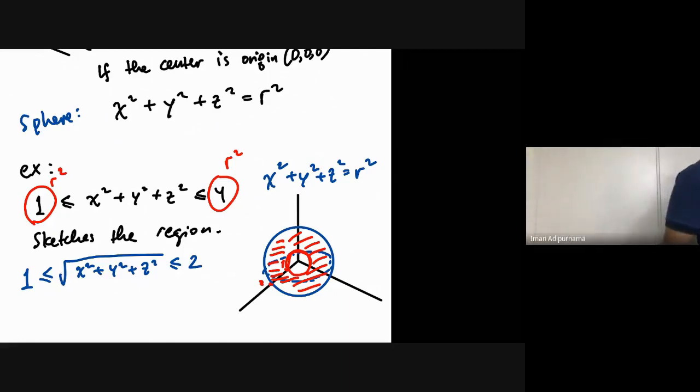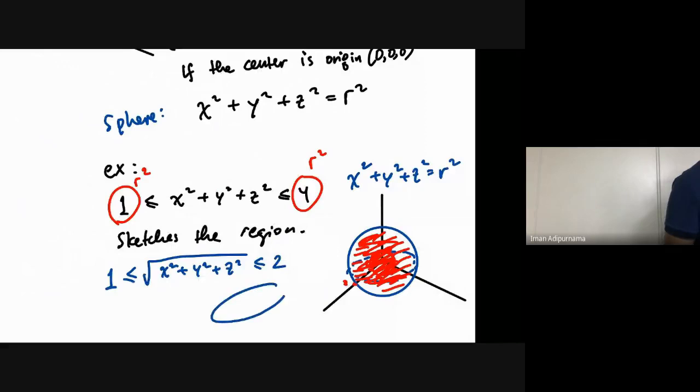It's not really good because, if you see from outside, it's like a solid, but it has a hollow. Okay, let's just cut this open, and you will see the inside is like this. This is 1, this is 2, and this is the solid.